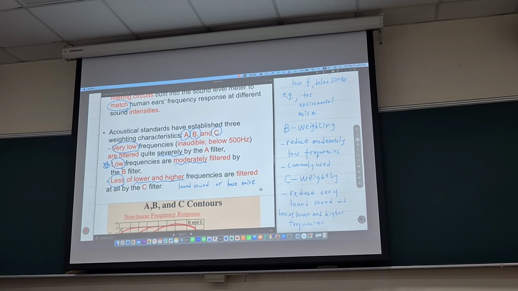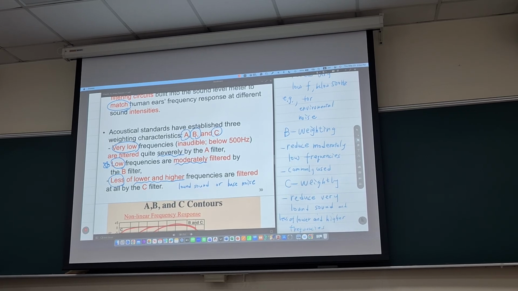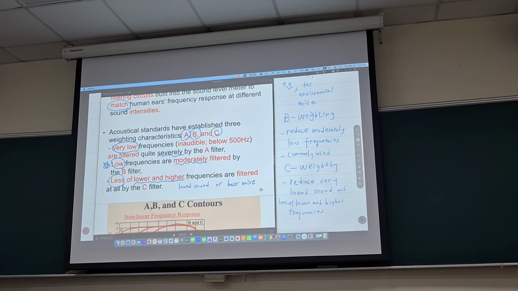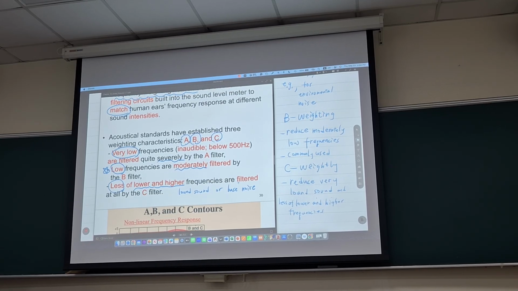So everyone okay? So very low frequency is filtered by A, low frequency filtered by B, less of lower and higher and loud sound and bass noise filtered by C.